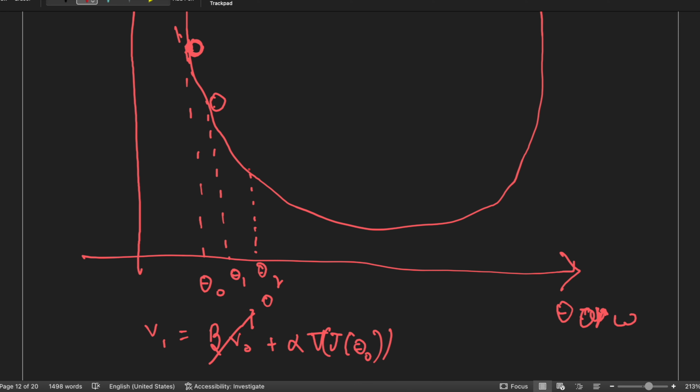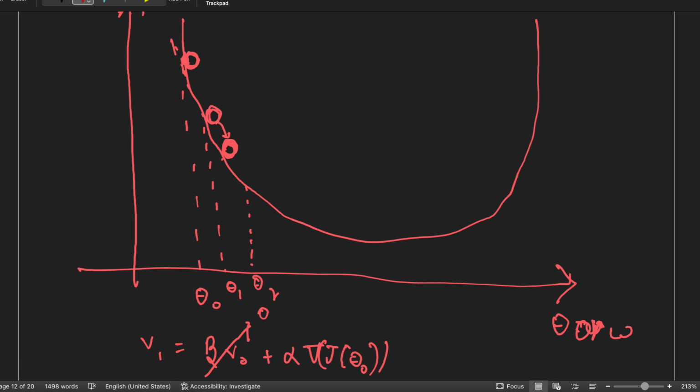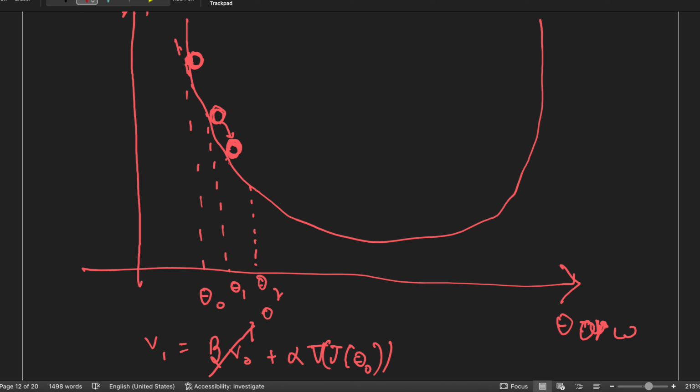In Nesterov gradient descent, we first calculate the velocity and try to move to some place, some random place, suppose. And then we calculate our gradient at that location. Consider it a pseudo location, which we also call the look-ahead position.